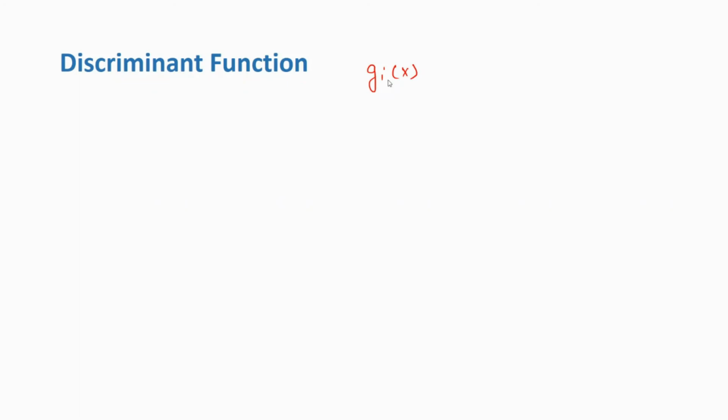Now tell me one thing, guys. From the minimum risk classification, the minimum risk involved while performing some action alpha i given x is given as probability of omega i given x according to the Bayes minimum risk classifier.